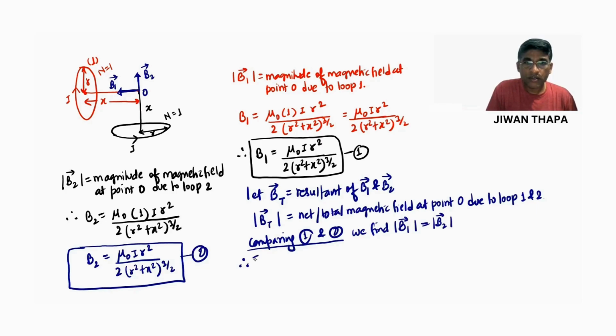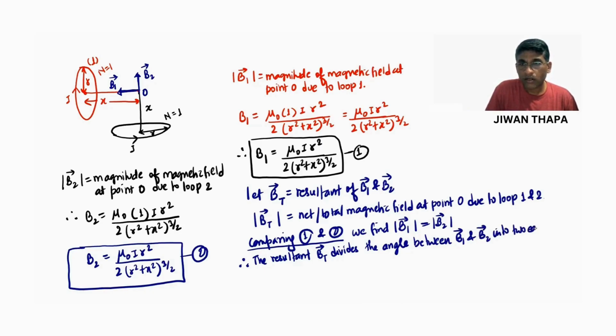Therefore, the resultant BT, that is the total magnetic field, divides the angle between B1 and B2 into two equal parts. So we have this.